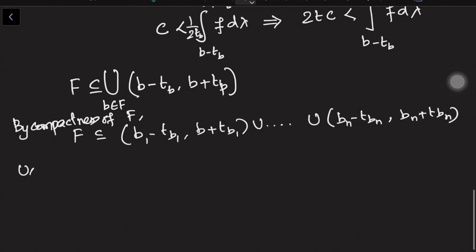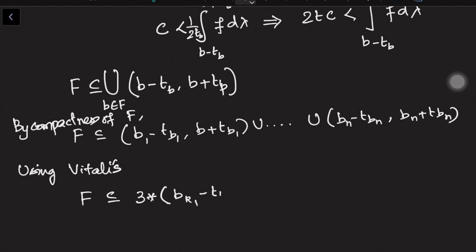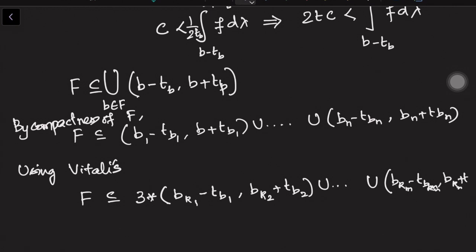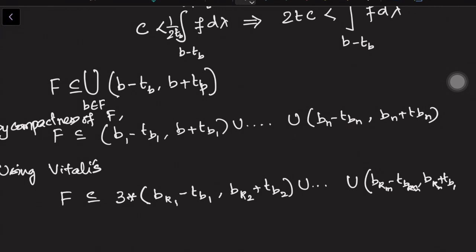Now using Vitali's lemma, what we could get is disjoint open sets such that F is contained in 3 times the intervals B_k1 minus t_Bk1 to B_k1 plus t_Bk1, union B_k2 minus t_Bk2 to B_k2 plus t_Bk2, and so on up to B_km minus t_Bkm to B_km plus t_Bkm.